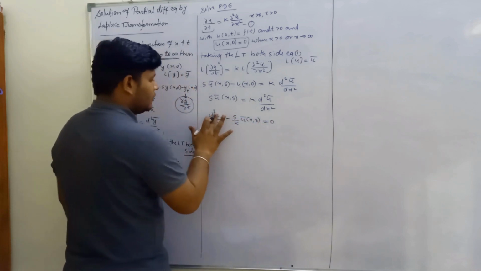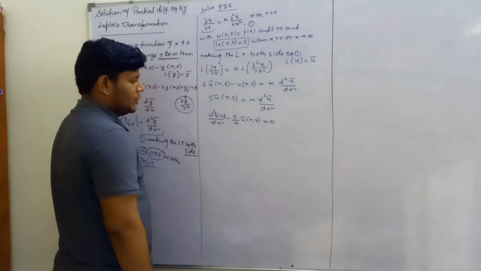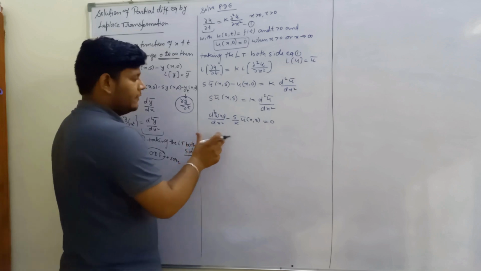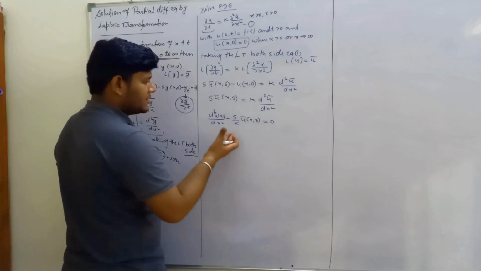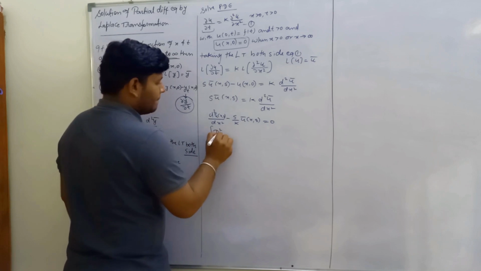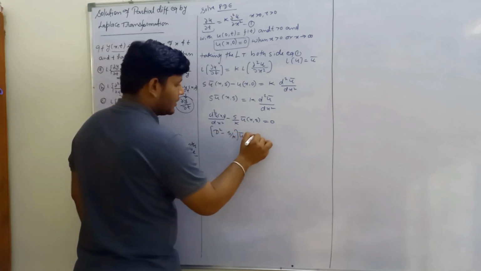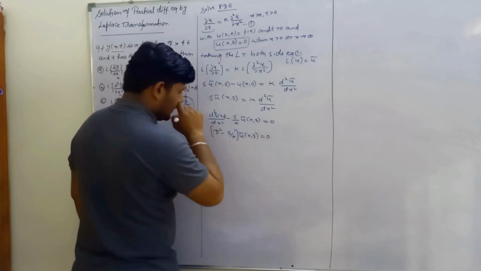I can also write this as u bar(x, s), a representation of a function. Now this is the differential equation of constant coefficient, d2 minus s by k on u bar(x, s). This is an ordinary differential equation.